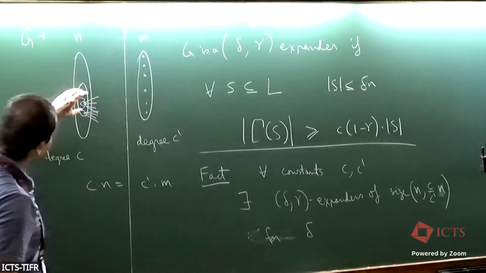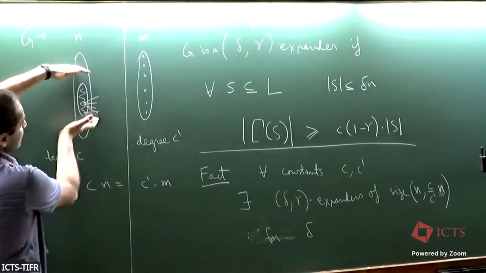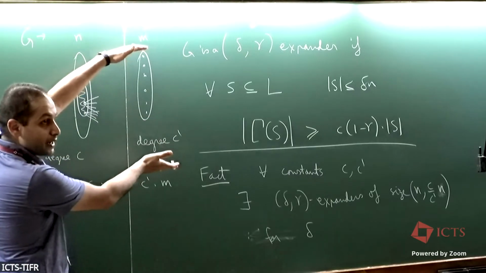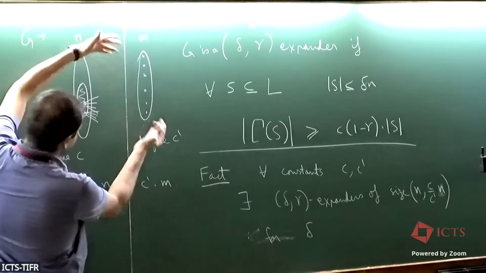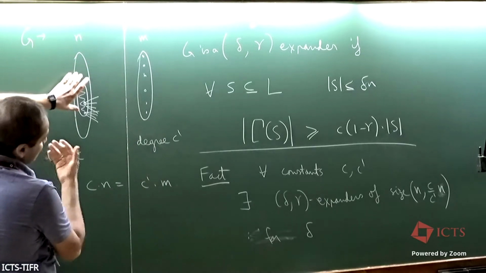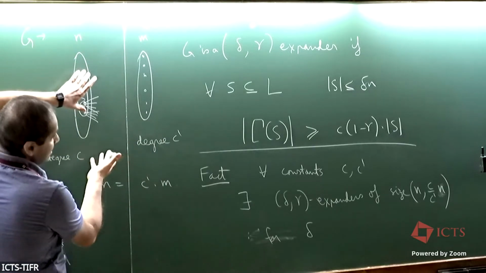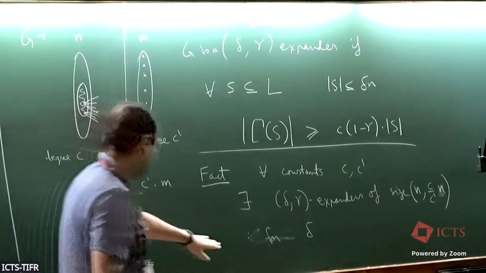Well, you can't take delta huge because you need to have enough room for the expansion to happen. M should be big enough to accommodate delta n times C. So you have to go substantially lower than that.